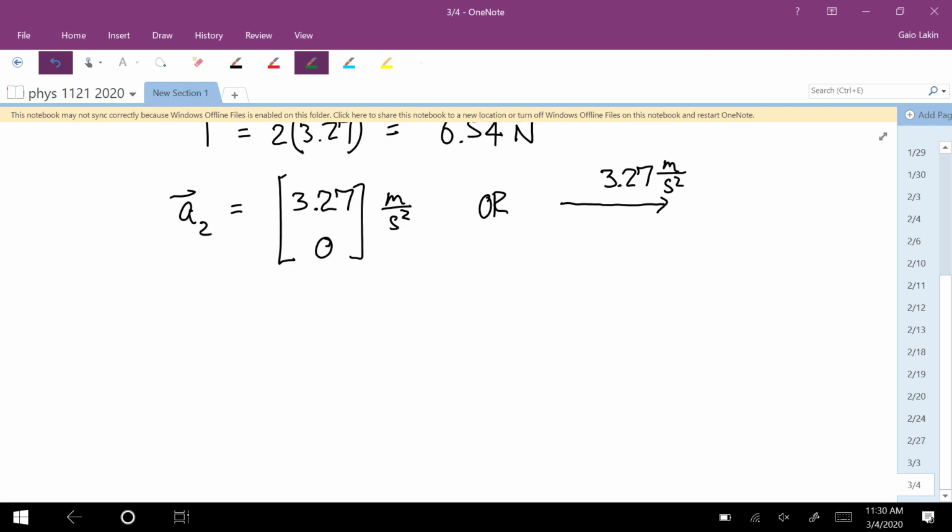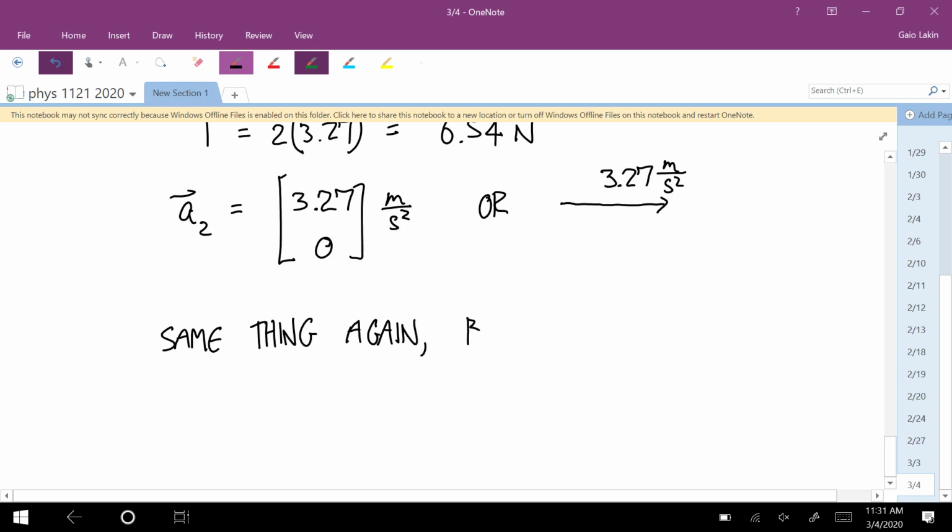So now do the same thing again. This time, call the acceleration of the 1 kilogram 0A.